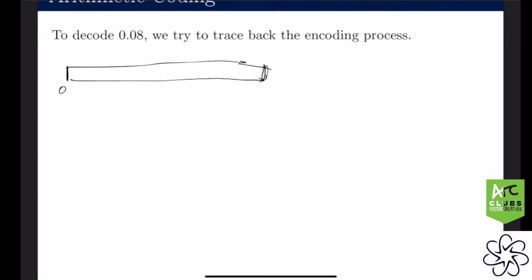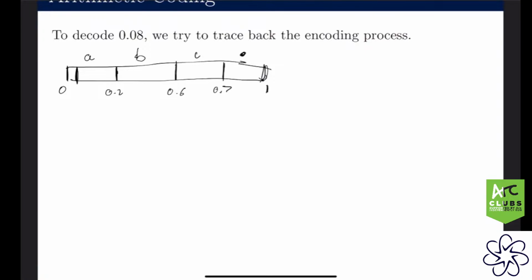And I'm going to mark off 0.2, that's where the A's are going to be, 0.6, that's where the B's are going to be, any code that starts with a B, 0.7, that's where the C's are going to be. And this is going to be the stop. So I'm just going to start off by doing that. And I'm going to write down exactly where my code is on this interval.